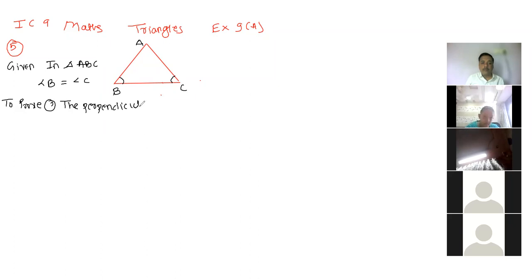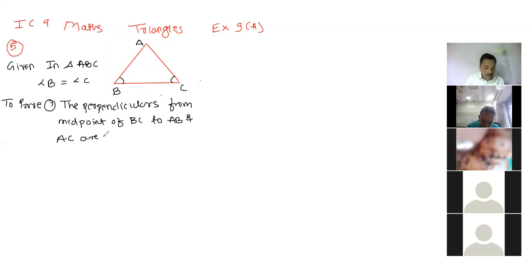Perpendiculars from the midpoint of BC to AB and AC are equal. Second, the perpendiculars from B and C to the opposite sides.